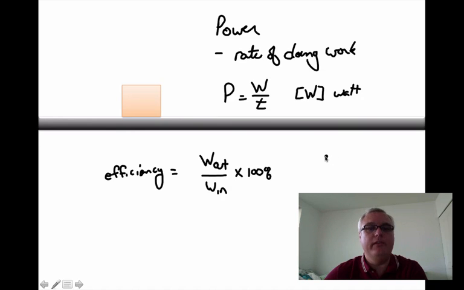So you'll get a percent efficiency. Okay, so the work out divided by the work in times 100%. You could also put power out and power in times 100%, and the efficiency then would be a percentage. So you're converting 75% of the energy that you put in into energy that you get out.